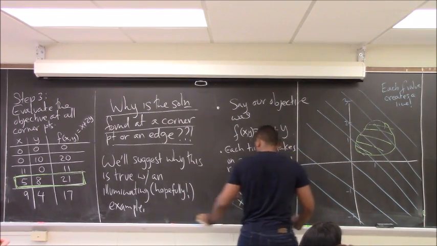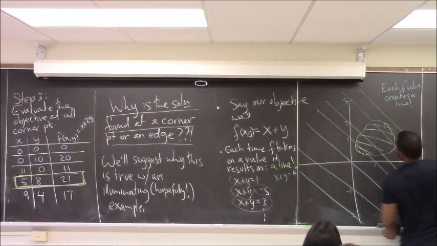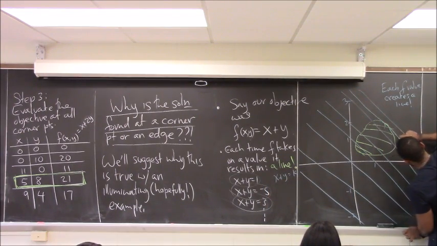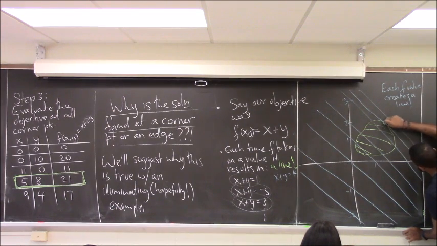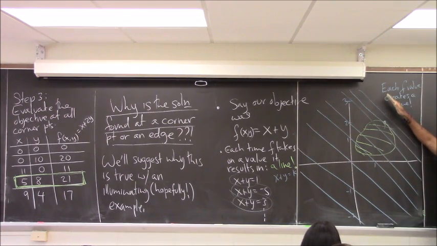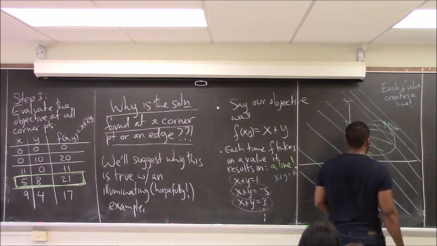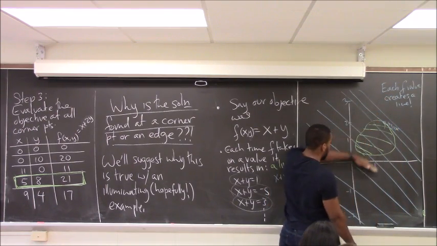Eventually the line is going to shift up so high that it's going to be on the teetering edge of leaving the region. If I were to go up any higher, I'm now outside the region. If I were to go down any lower, I'm now not as big as I could be. The perfect situation is to be on the edge. This will be where the maximum will occur, just by me moving the line up. Conversely, if I wanted to find the minimum, I'll just move it down.